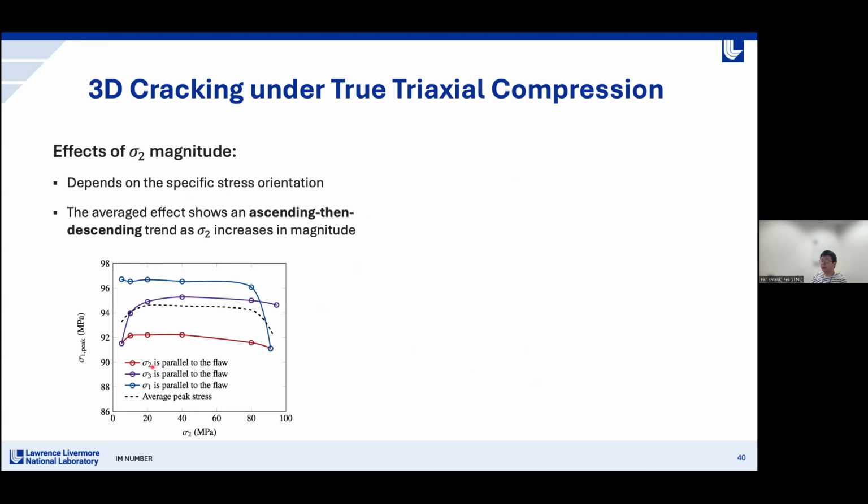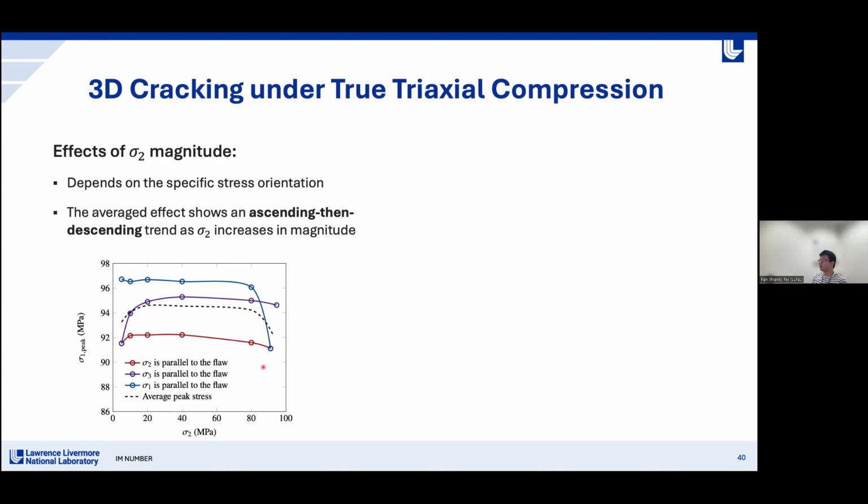For example, when sigma 3 is parallel to the flaw, we see the peak stress increases with sigma 2 magnitude, but the trend reverses for the case when sigma 1 is parallel to the flaw. If we plot an average peak stress across these three stress orientations, we can see this average trend, as shown in this dashed curve, first increases and then decreases with increasing sigma 2 magnitude.